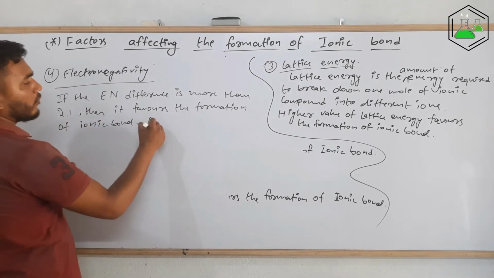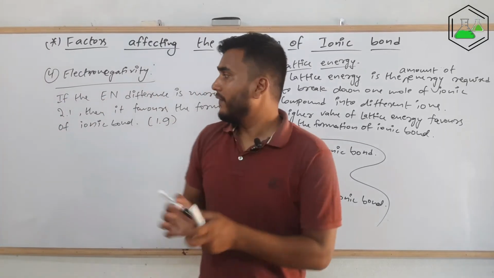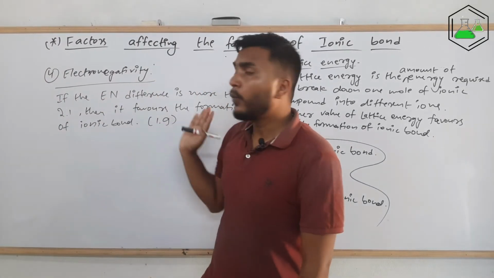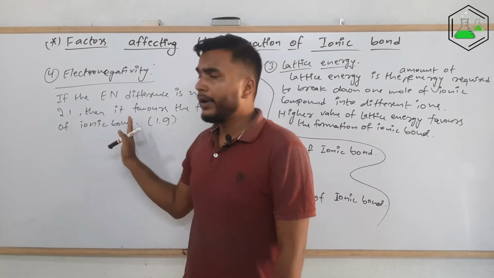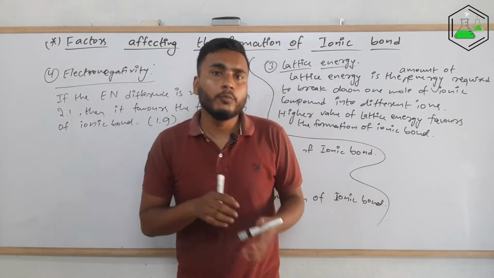Sometimes it is also taken to be 1.9. In some book you might find the value of electronegativity difference should be 1.9 or 2.1, okay, somewhere you will find 1.9, somewhere you will find 2.1.